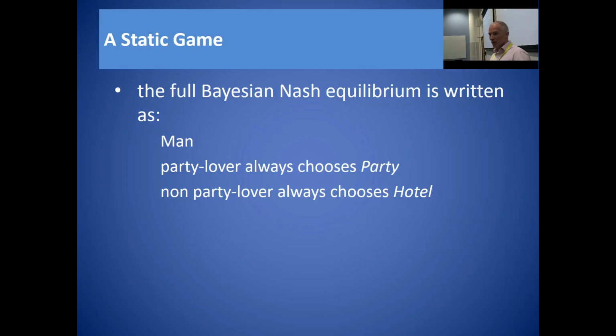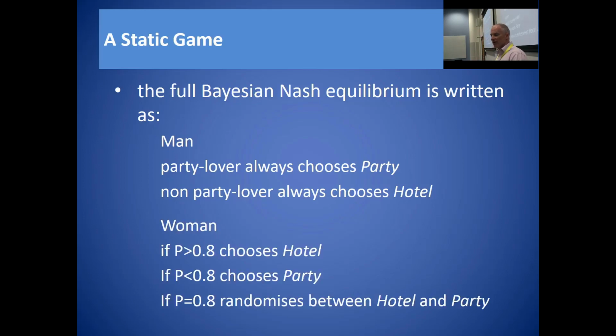And we said, well, when the man is a party lover, he will always choose to go to the party. When the man is not a party lover, he will always choose to go to the hotel. However, for the woman, her optimal strategies are contingent upon her beliefs, and her beliefs depend on that crucial probability of 0.8.